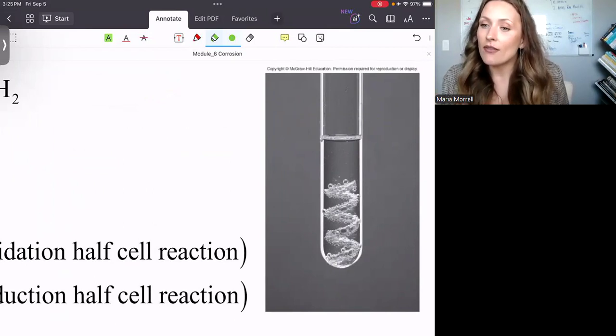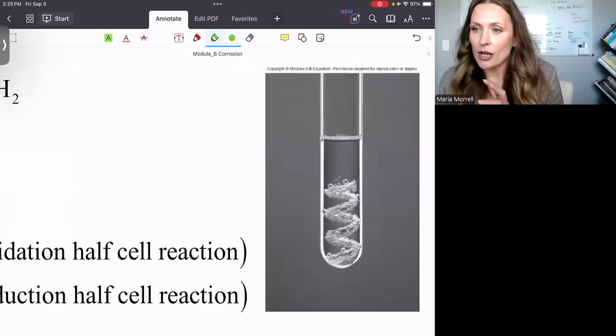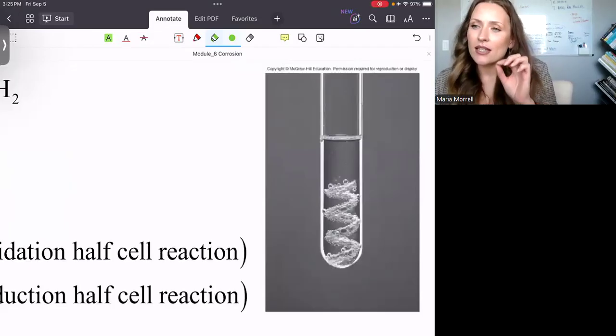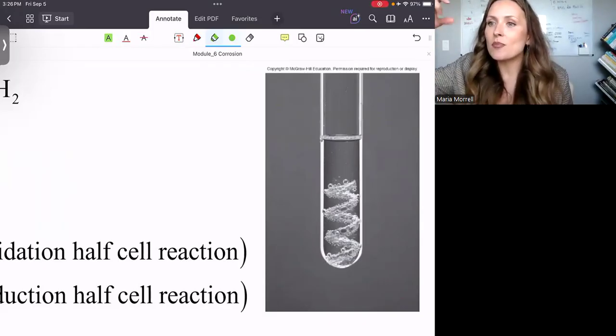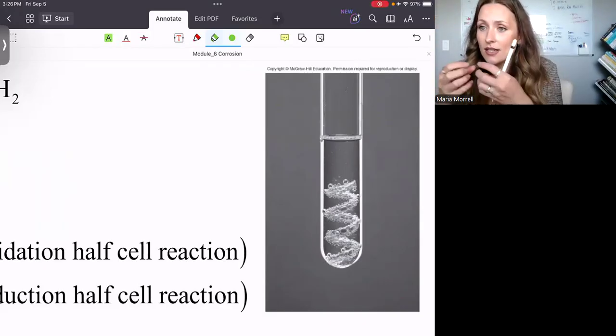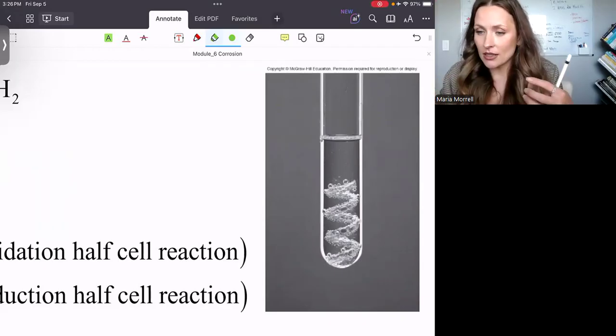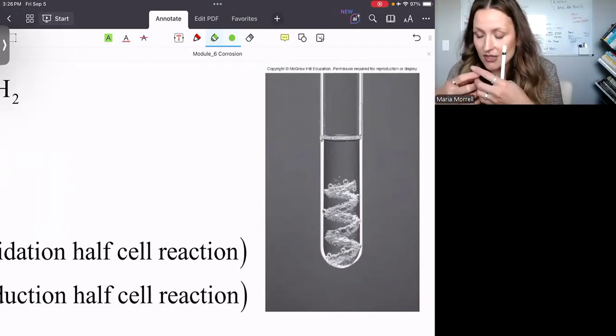So I have a vial with hydrochloric acid in it, okay? And I'm going to take a tiny, tiny target of pure zinc and drop it in there. And what you will see is that all of a sudden, you will see vigorous bubbling. Your target is basically dissolving, right?